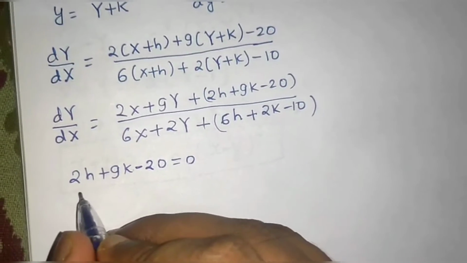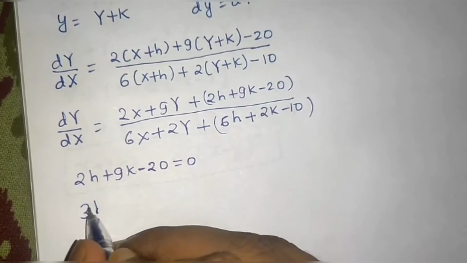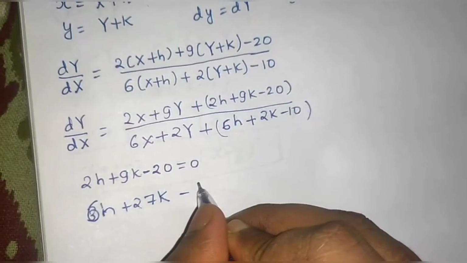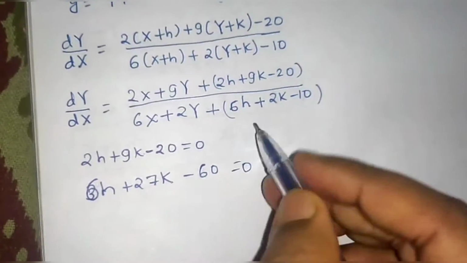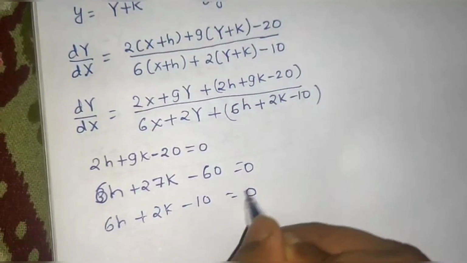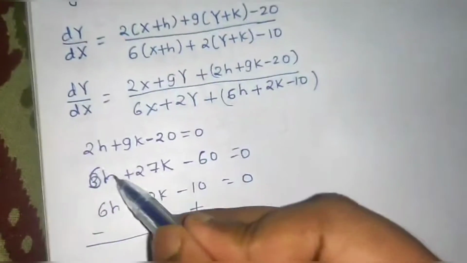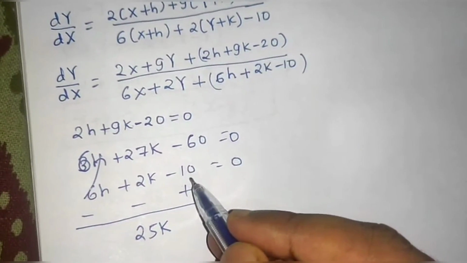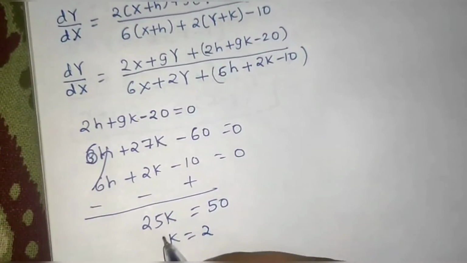If I multiply the first equation by 3, I will get 6h plus 27k minus 60 equals to 0. And below this I am writing the second equation, which is 6h plus 2k minus 10 equals to 0. If I subtract, 6h is gone. I am getting 25k minus 60 plus 10, that is minus 50, that will go up as 50. So k you are getting as 2.